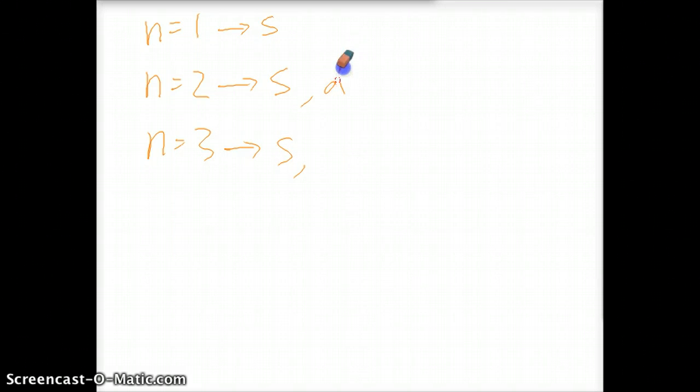I should have said p above. And in the third energy level, there are s, p, and d orbitals. There's another set of orbitals after that called the f orbitals. We're not going to get into them now.